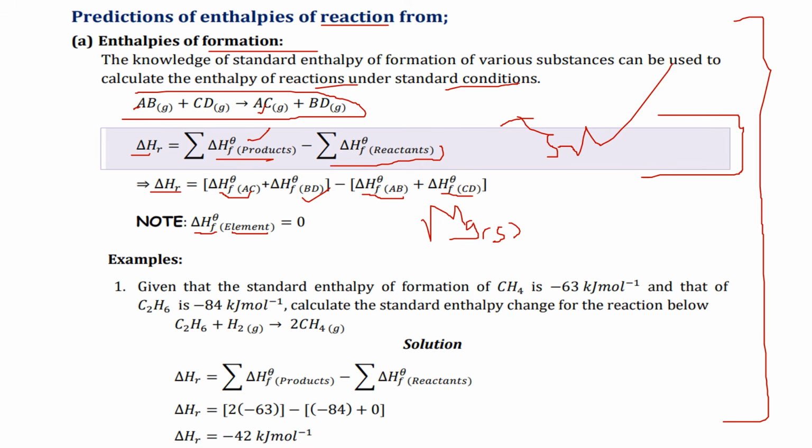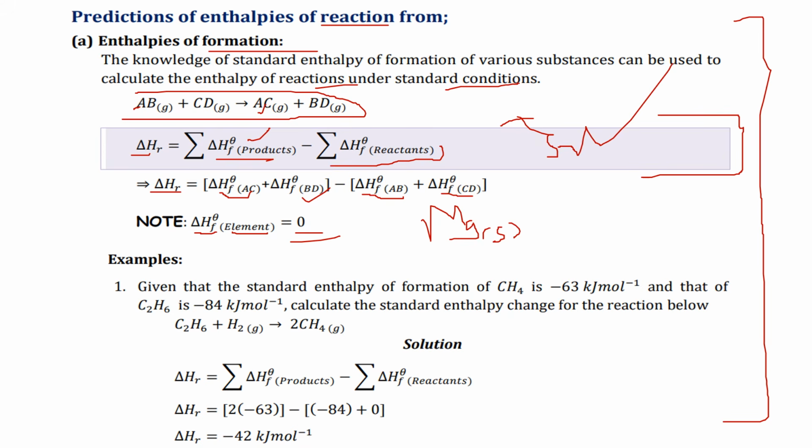So the standard enthalpies of formation of most of the gaseous compounds, like oxygen, like any element, like magnesium, which is a solid, for as long as it does not involve combining two elements, the standard enthalpy of formation is always going to be equal to 0.